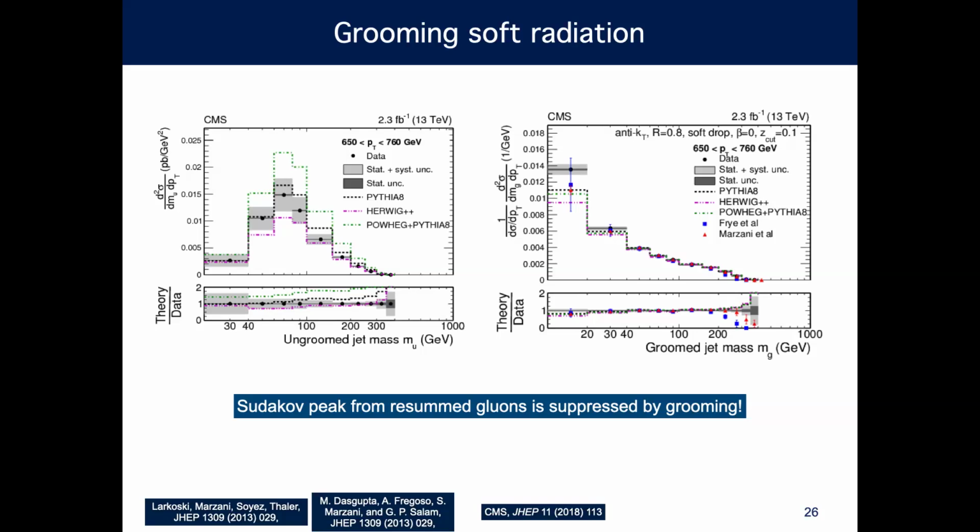We are looking at the hard radiation. We want to look at the distinguishing factor. We don't care if it's a tiny little rinky-dink thing down here. We want to see large splittings because Higgs to b b-bar has a large splitting. So if we want to discriminate against QCD jets, you can see that this really suppresses the mass.